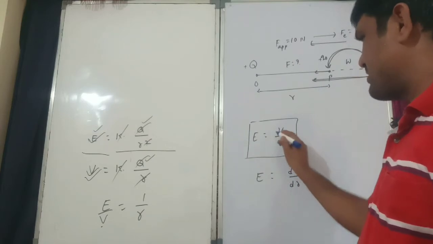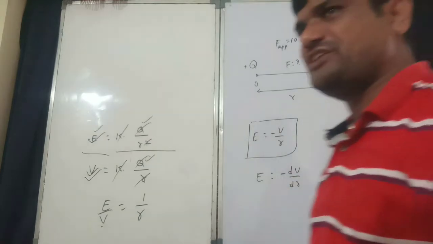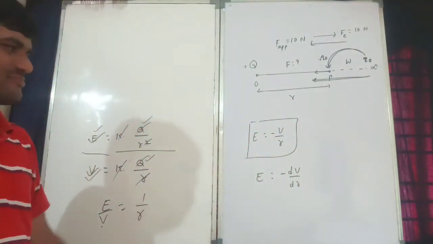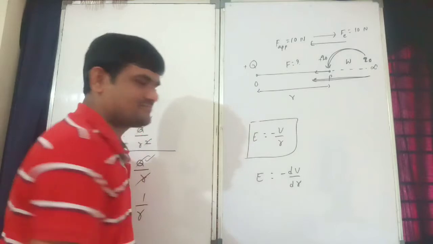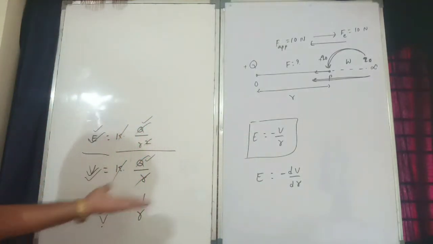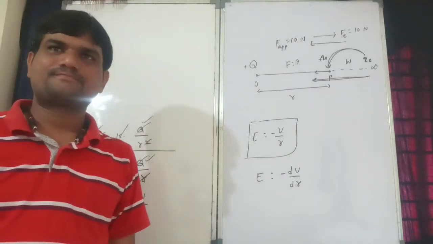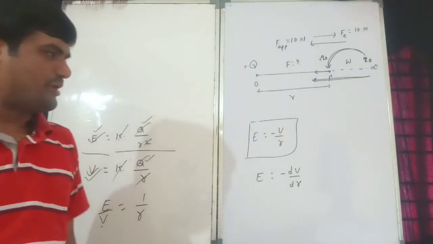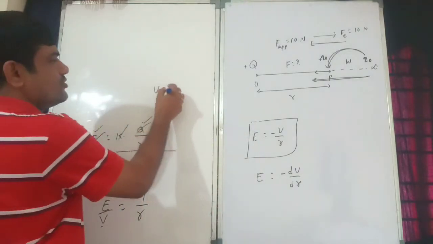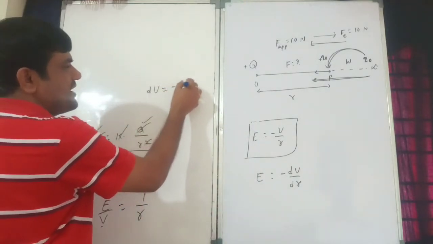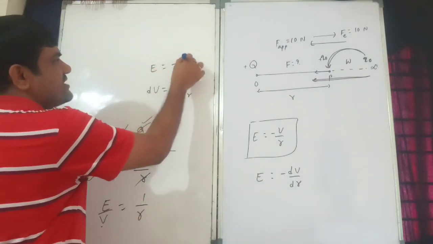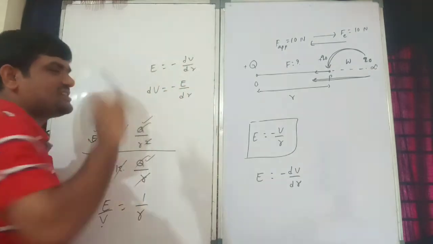Remember, electric field and potential are always opposite. For remembering the formula, you can do it like that also, no problem. People will get confused. Sir, dV is equal to minus E dr, or else E is equal to minus dV by dr. Which is correct, sir?